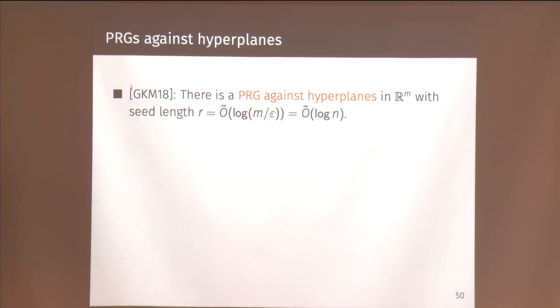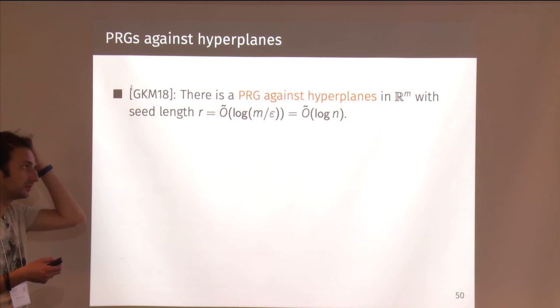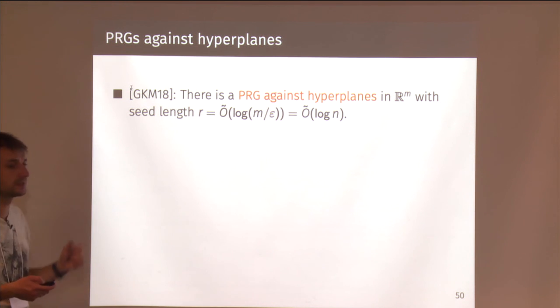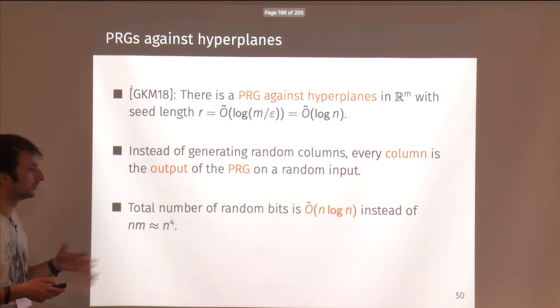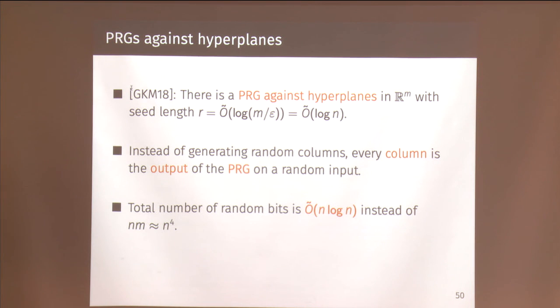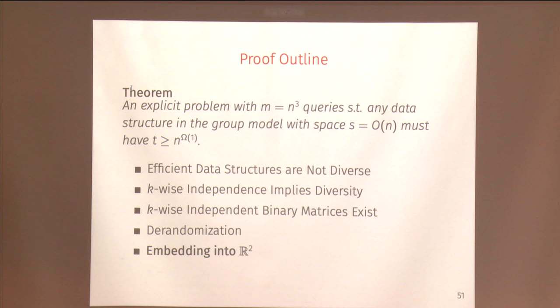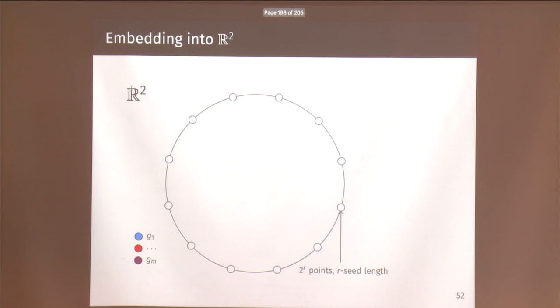So instead of generating a matrix completely at random, I can just take the columns of the matrix as outputs of a PRG against hyperplanes. I save a lot of random bits this way, and then finally I can say that this can be embedded as some range counting problem in the plane.